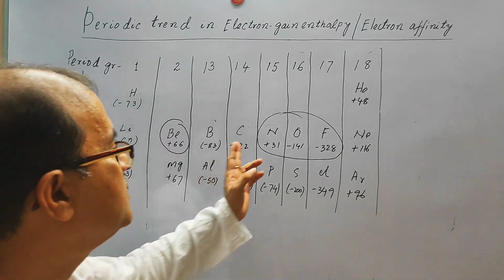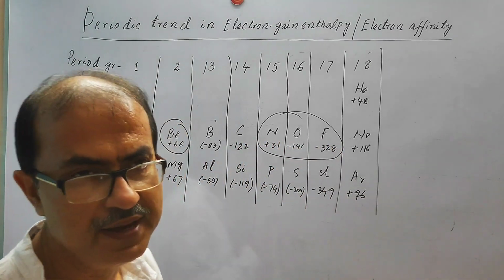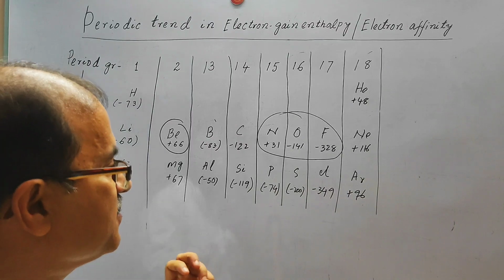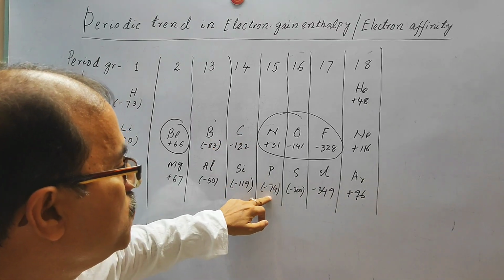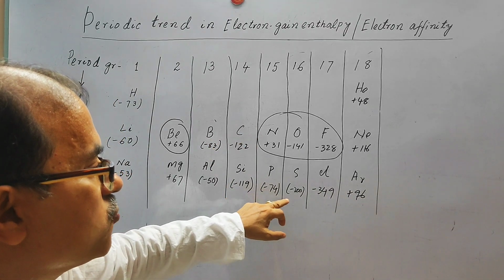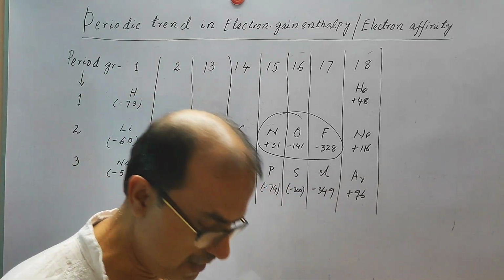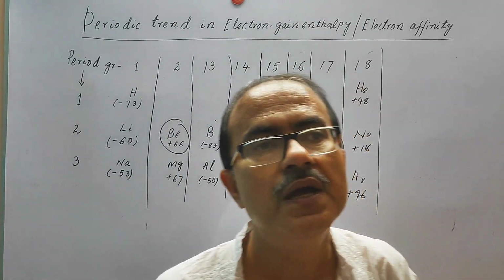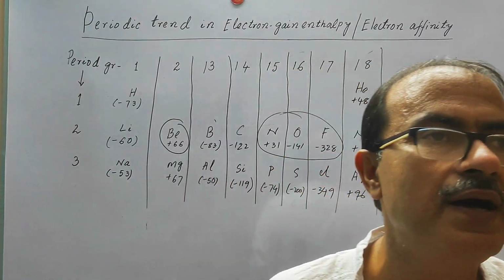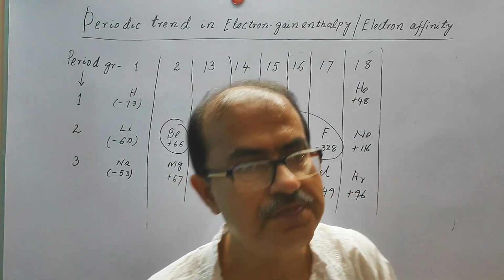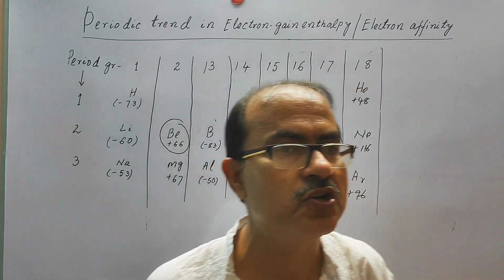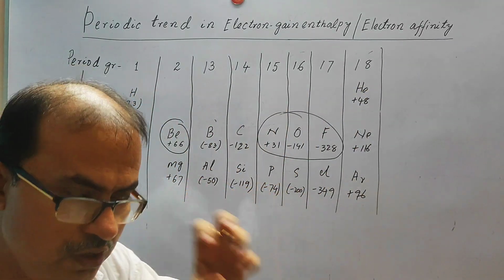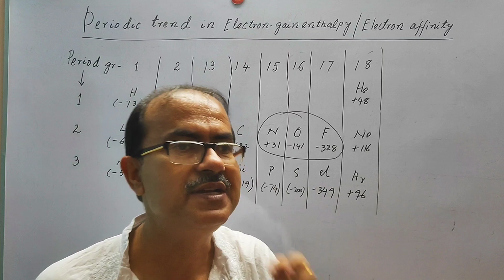The reason behind it: the second period elements have atomic diameter very small as compared to the atomic diameter of phosphorus, sulfur and chlorine, and that is the reason there is more repulsive force between the incoming electron and the already present electrons.